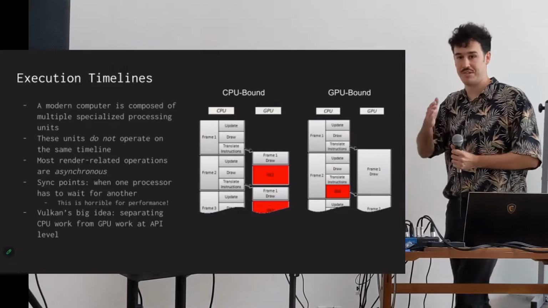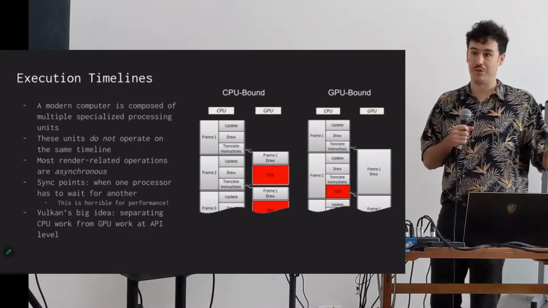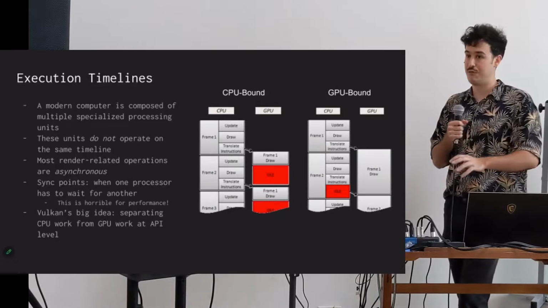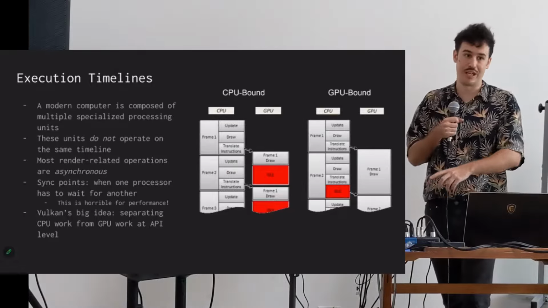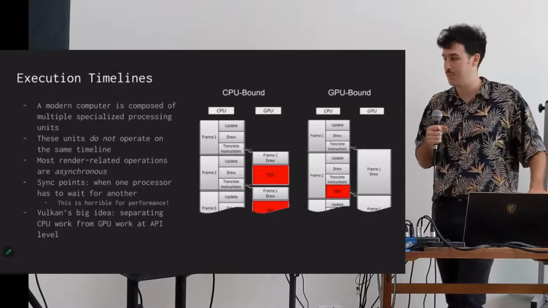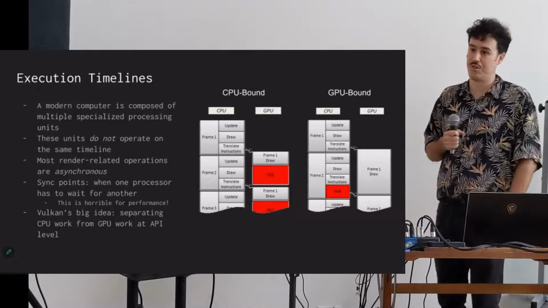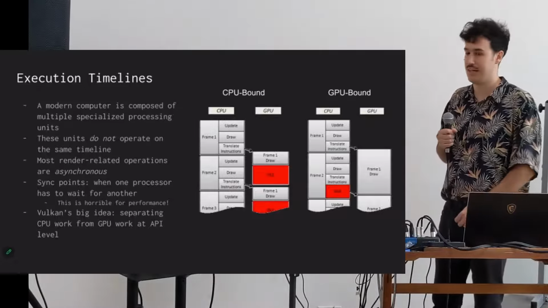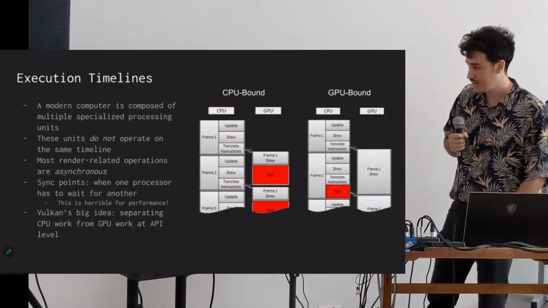When you're optimizing, you need to be very aware of whether you are CPU bound or GPU bound. Because if your game is GPU bound and you're optimizing a bunch of stuff in your game's update code, it's not going to do anything. Your frame times are going to be exactly the same because the GPU is just waiting around for stuff to do. So you're not going to get any increased performance, and the same is true of the opposite when it's CPU bound.